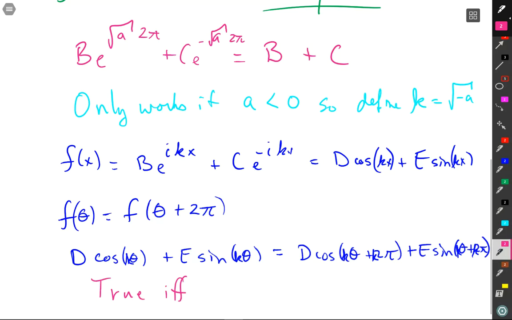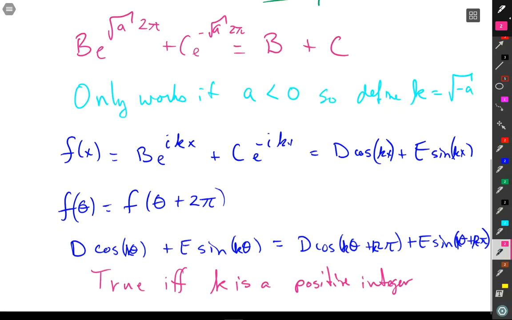So if k times 2 pi is an integer multiple of 2 pi, then we're going to be good. But if k times 2 pi is not an integer multiple of 2 pi, then it's not going to be the same. So k has to be an integer. And of course, it's going to be a positive integer based on the way we defined it. So if and only if k is a positive integer. So now we're pretty much done.